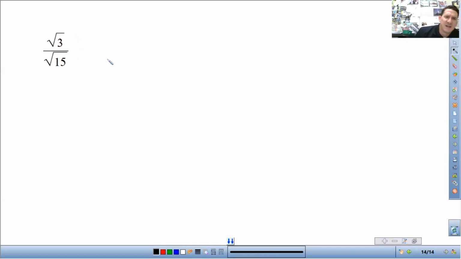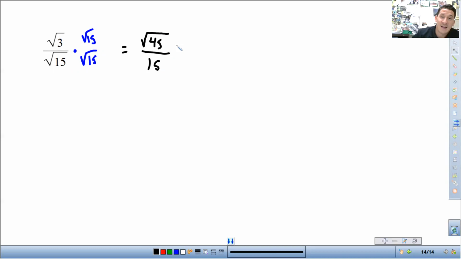Square root of 15 over square root of 3. So I'm going to multiply top and bottom by square root of 3. Square root of 3 times square root of 3 is just 3. Square root of 15 times 3 is 45. I can simplify that, so I'm going to do a buddy system. So 45 is 3 times 15.